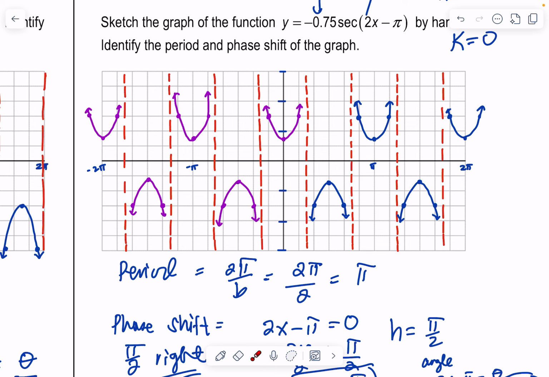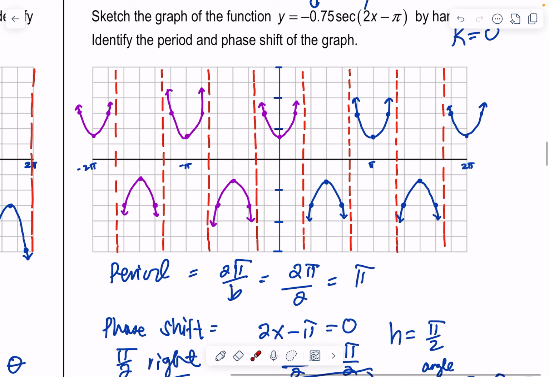So if you figure out the pattern, let's take a look at the pattern. If I have a vertical asymptote, let's do pi. If I have a vertical asymptote over here, because this one is given in the table, from here all the way to the right, I just use the table. But from here all the way to the left, I use the pattern.